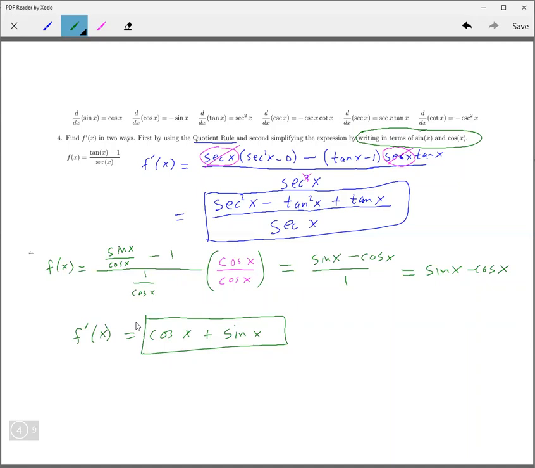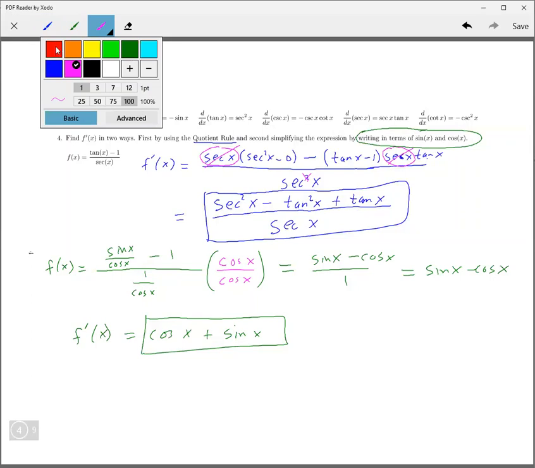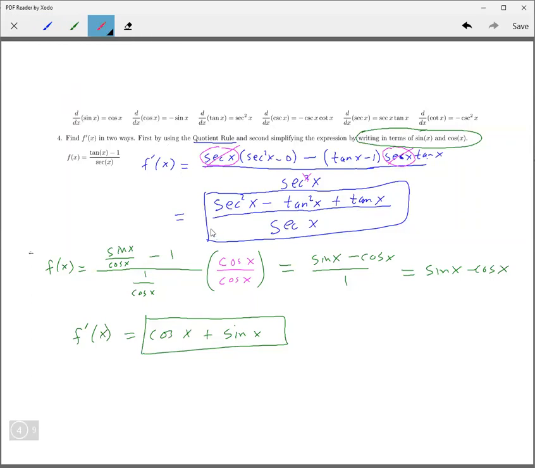Are those answers the same? Well, of course they're going to be the same. I guess this is much simpler than that, right? So what we would probably want to do is go ahead and try to simplify this and see if we come up with that, okay?